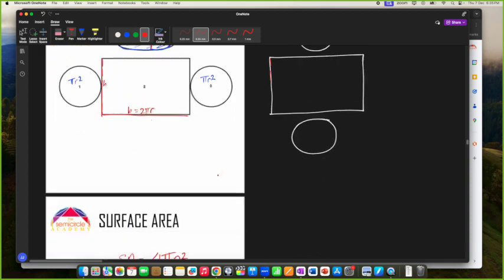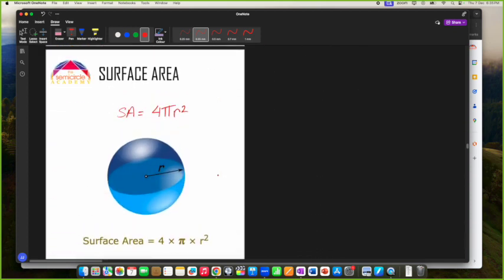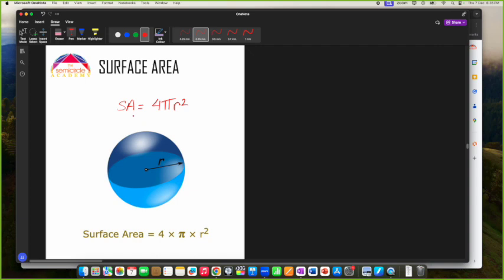So they're not going to bring the surface area of a sphere, so don't hurt your head too much. However, if they do bring the surface area of a sphere, most of the time they will actually give you the formula in the question itself. So any of these out of the way kind of shapes, they'll give you the formula for it.